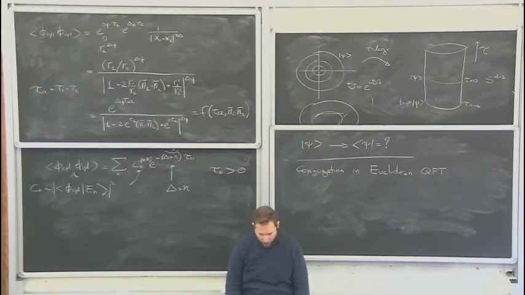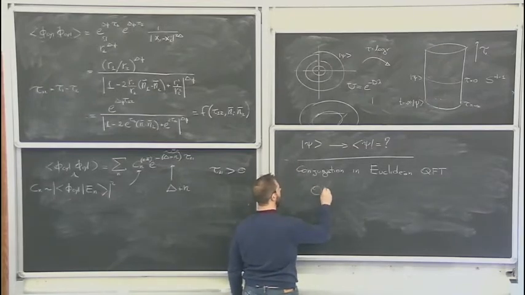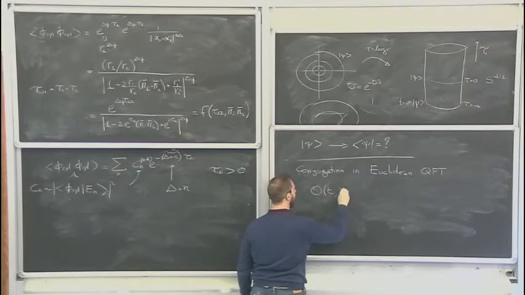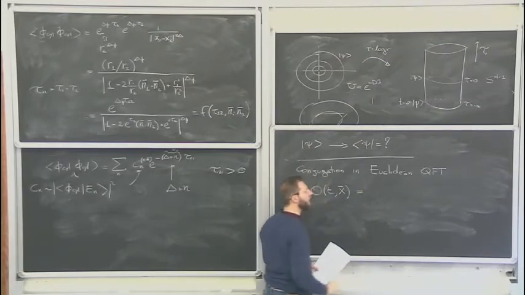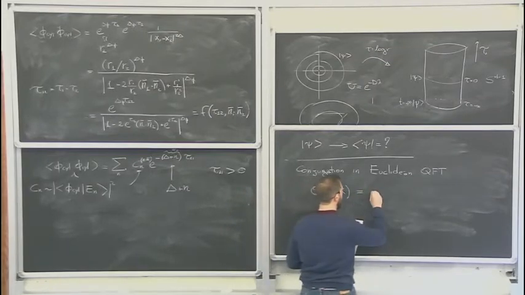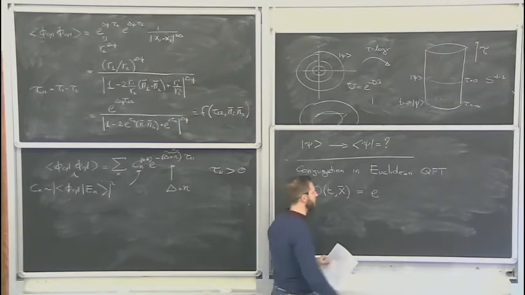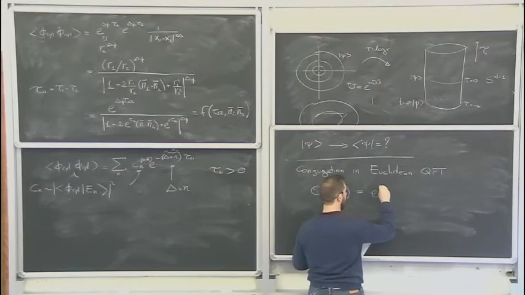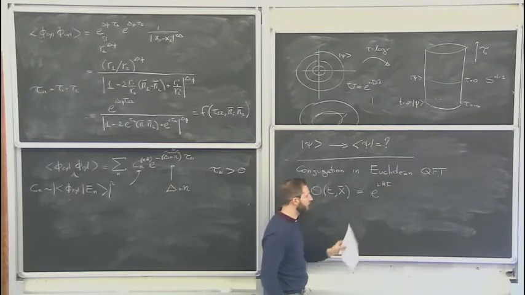Because in Lorentzian QFT, so when you have Lorentzian signature, if you have an operator O at some time and some space position X, you can write this object as e to the iHt minus i x vector p vector, acting on the evolved operator at the origin, O of 0, 0, and then the other one, e to the minus iHt plus i x p. Let me put back the i so that all the generators here will be Hermitian.